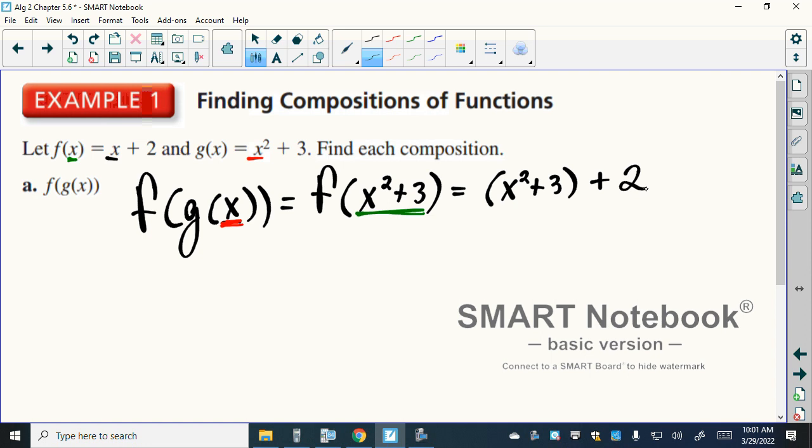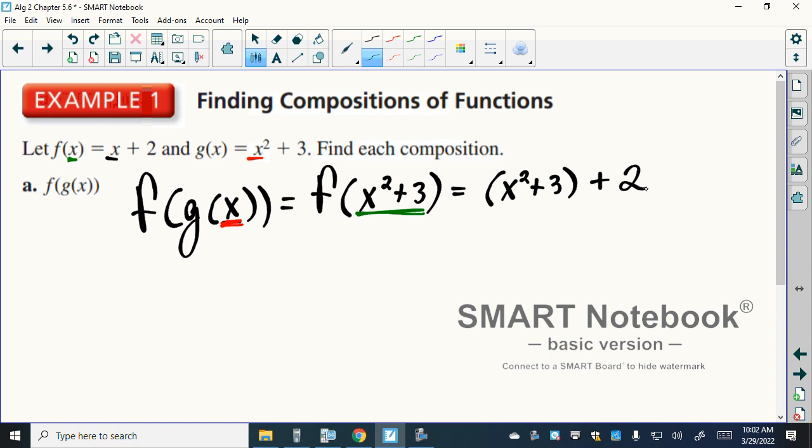So really I just replaced that one x with our x squared plus 3. Now it's good to put it in parentheses, because here it really doesn't make a difference. Because do we have anything connected with the x? Do we have anything multiplied or squared or square root? No. So having those parentheses here or not having them isn't a huge issue.